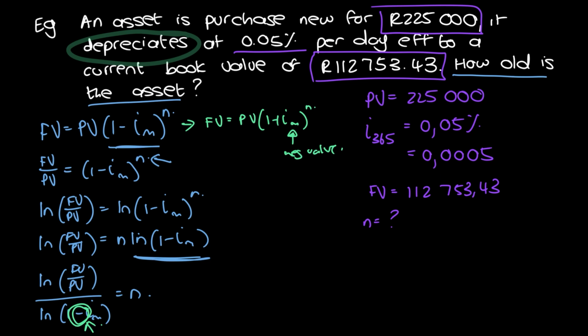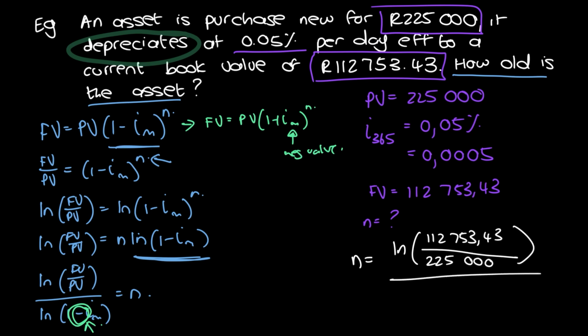Now we can go ahead and put it into our formula. So we're not starting our formula from scratch, we already did the working out for n as the subject of the formula. So we have n is equal to ln of the future value, which is 112,753.43, divided by the present value, which is 225,000.